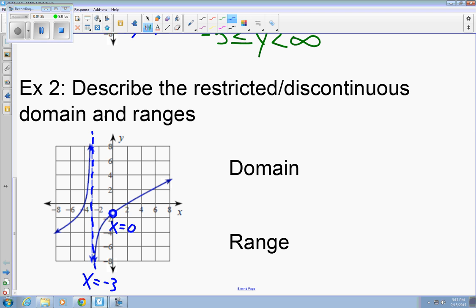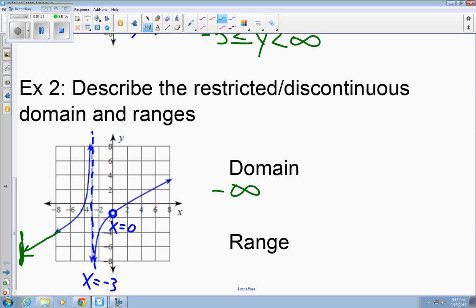So let's talk about the domain of this. I always read the graph like a book, from left to right. It's going to continually go off to the left, so I'm reading from the left, and it's going to come from negative infinity.